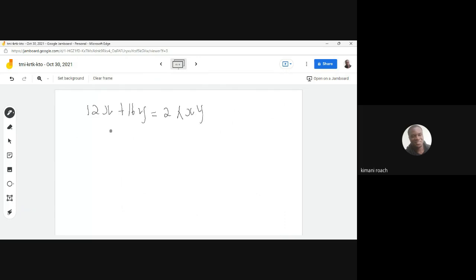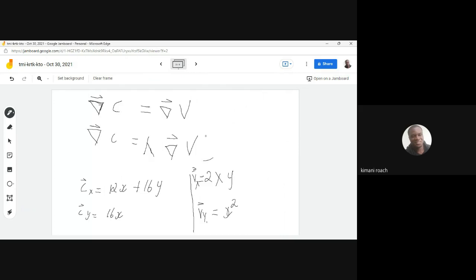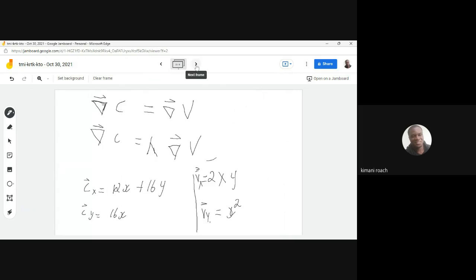We're going to do the same thing with respect to y. The gradient of the cost function, 16x, will be equal to lambda, that's my constant, times x squared.